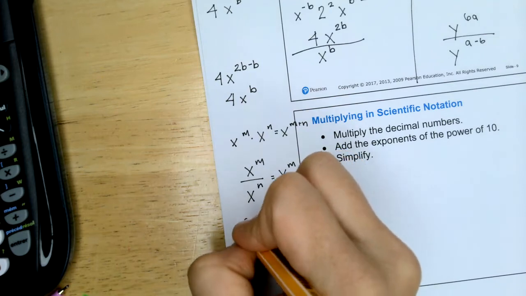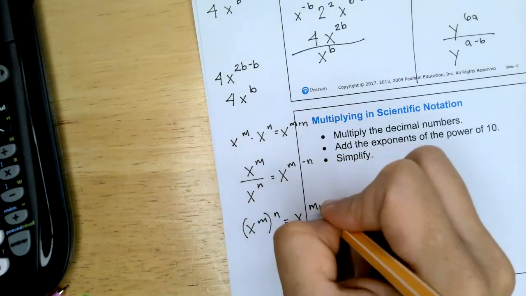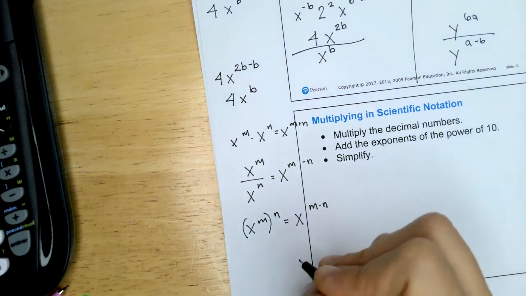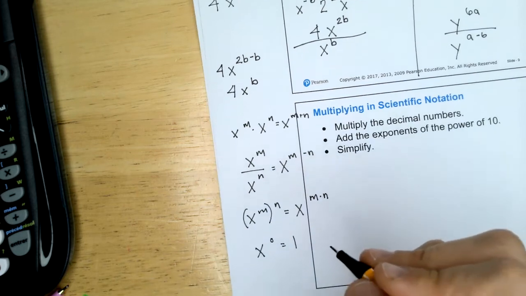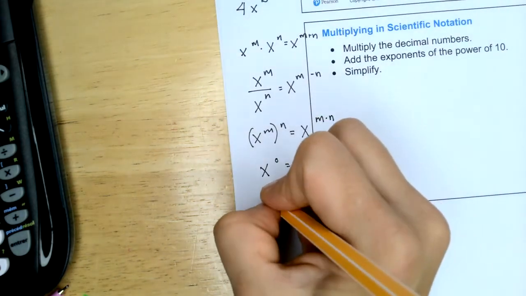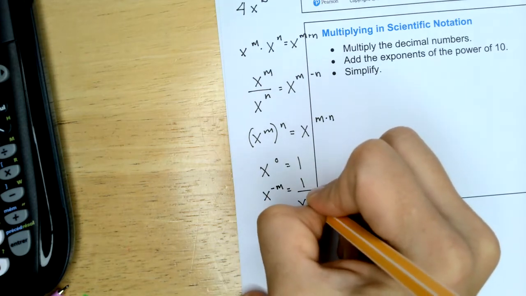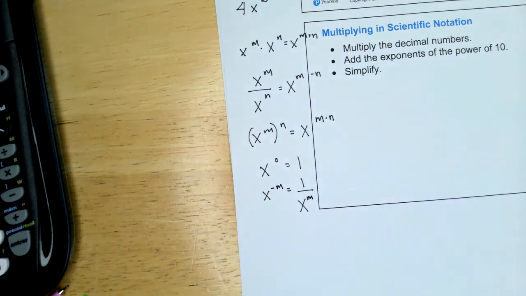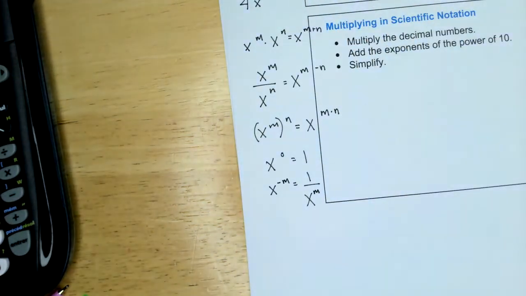X to the power of m raised to the power of n is x to the power of m times n. And x to the 0 is always 1, and x to the power of negative m is the same as 1 over x to the positive m. Good. All right, so make sure you know these. These are ready for use whenever you need it.